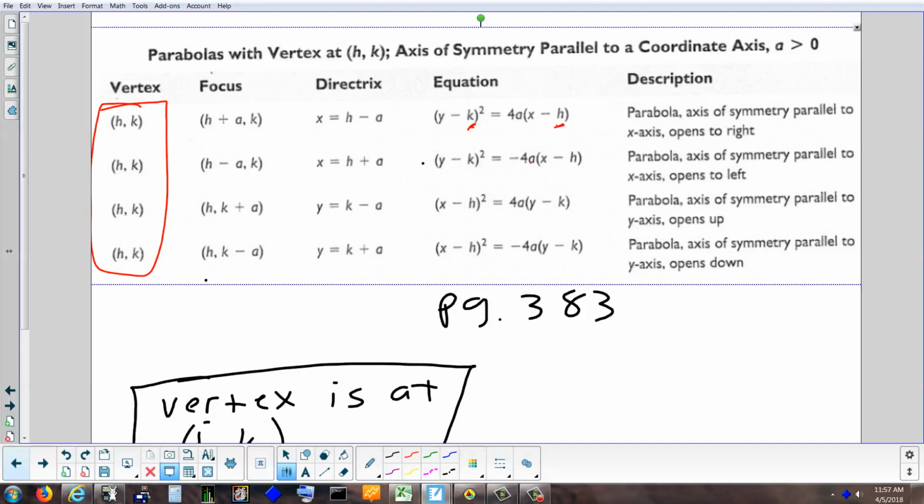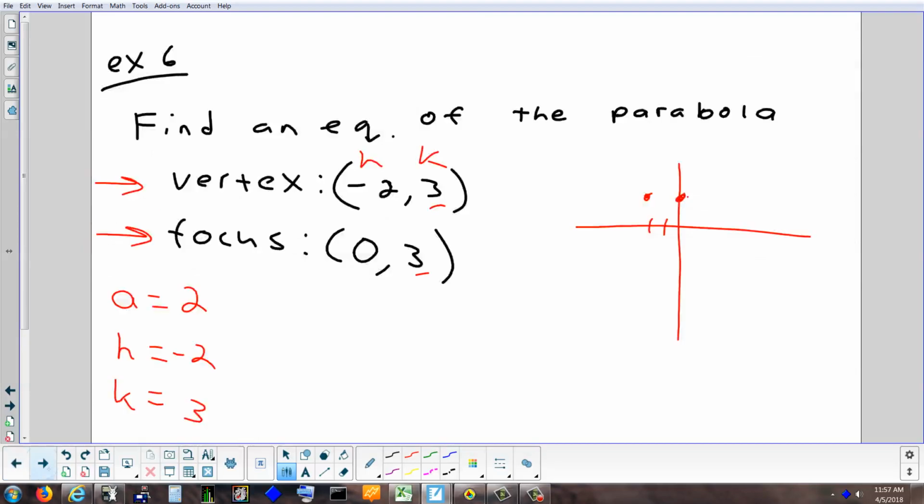You have 4 choices. They all have H's, K's, and X's and Y's. What do I have to determine to figure out which one of those to use? Graph it and see what it opens. See which way it opens. Well, I already graphed my focus. Here's my vertex.